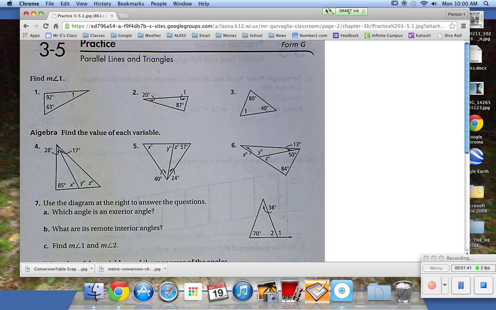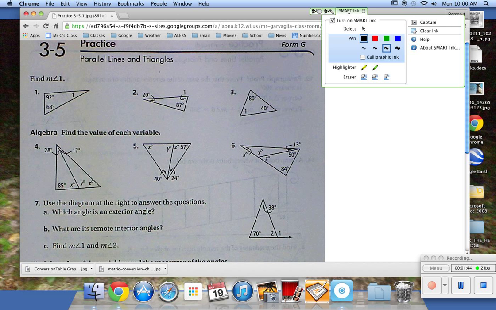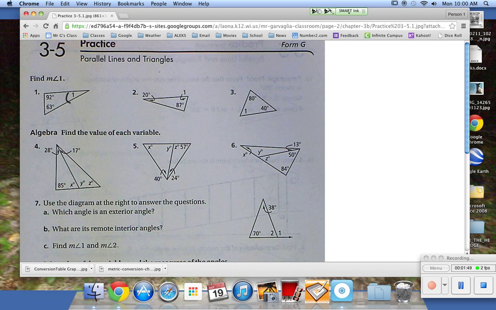Number one. We're trying to find this angle right here. And how did you come up with 35 degrees, Trevor? 92, 63, plus whatever angle 1 is, right? This angle here, 1. What do these add up to? 155. Plus angle 1 equals 180.